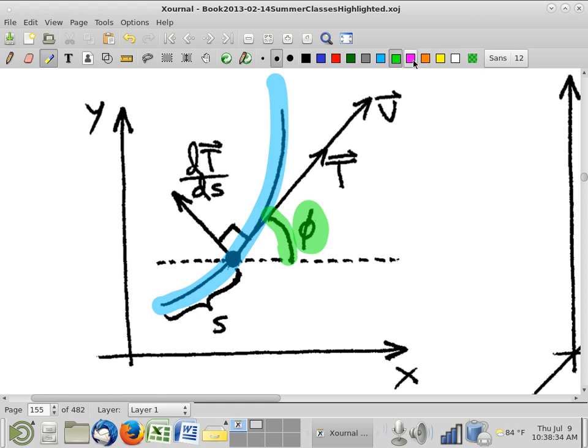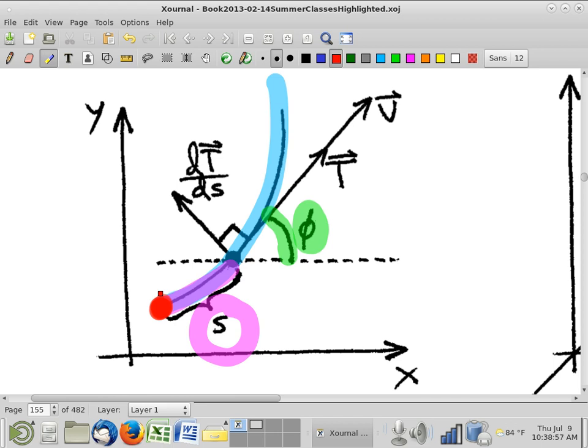And then we're going to look at this distance, s. That's the distance from your starting point of your parametric curve. It doesn't really matter where it is, but it's a distance as measured from some starting point along the curve to wherever you should happen to be at that time.